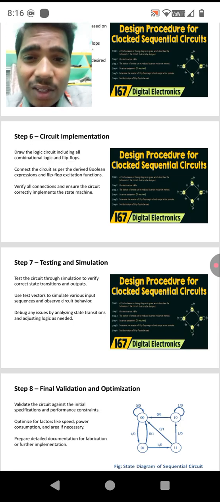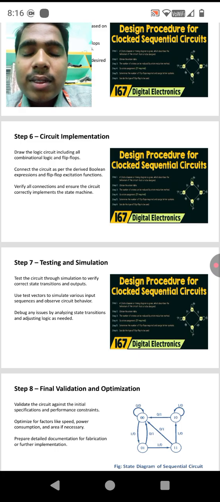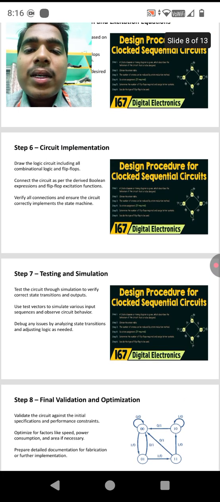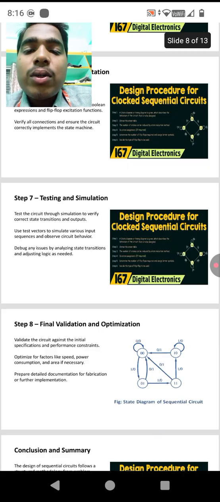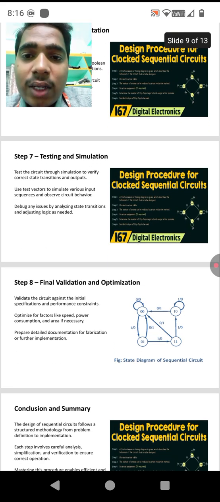Verify all connections and ensure the circuit correctly implements the state machine. From the sixth step, circuit implementation, we go to testing and simulation.